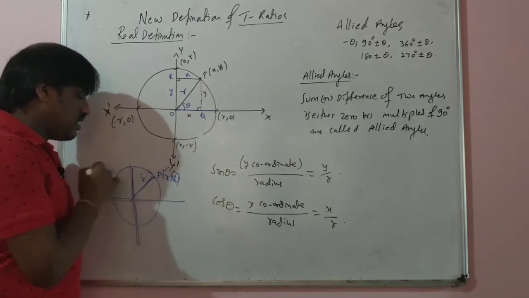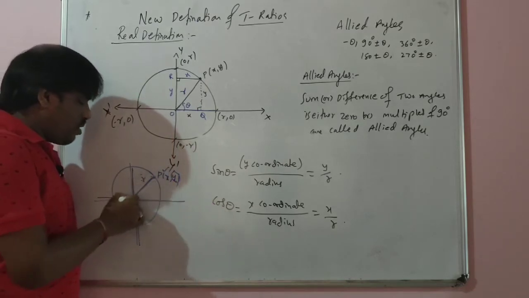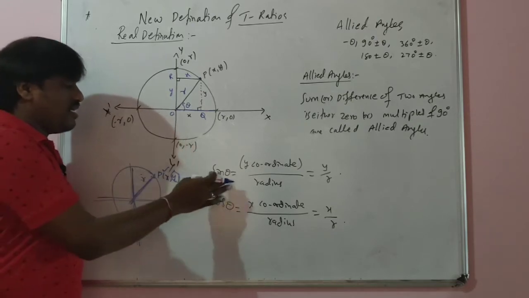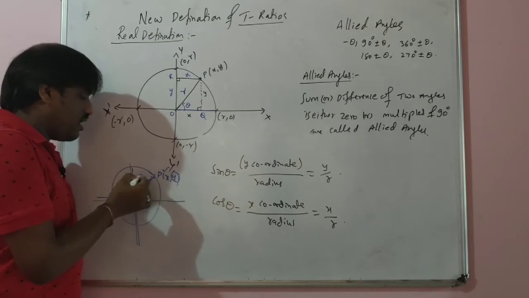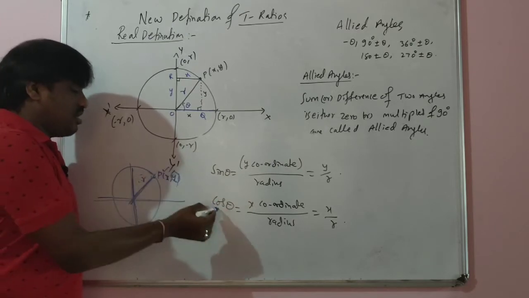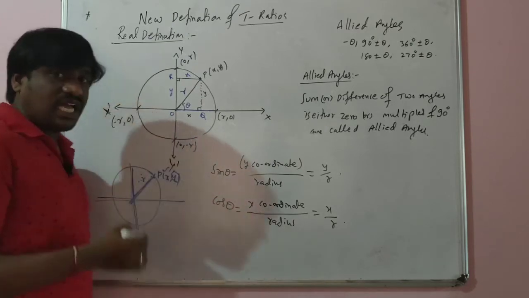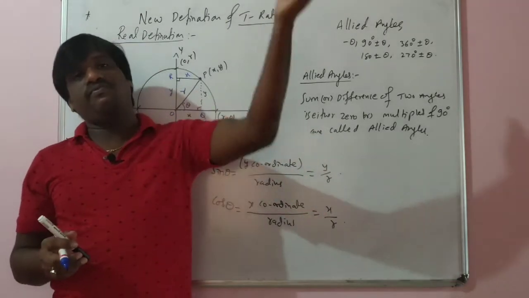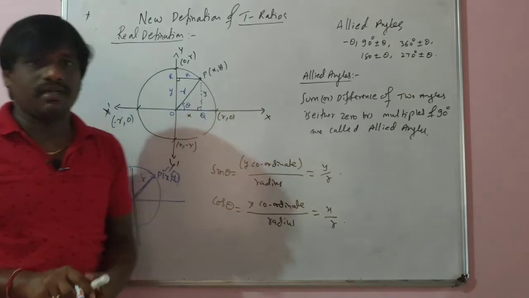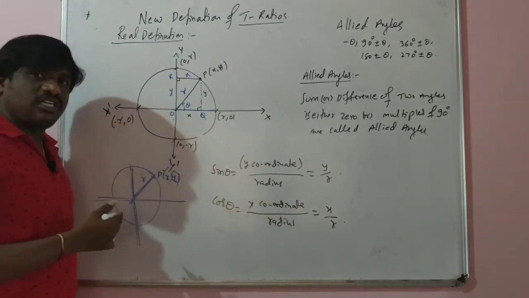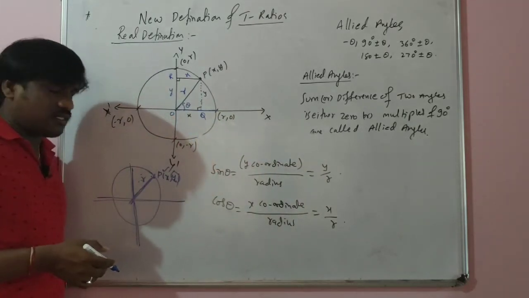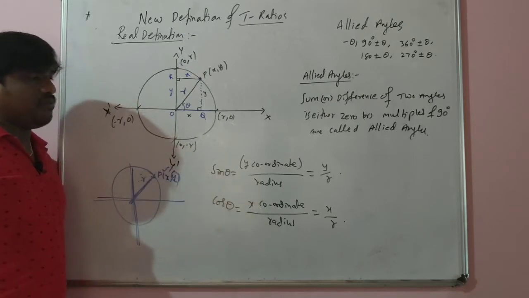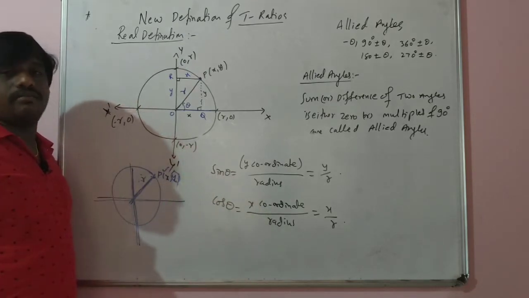If it is a unit circle, or according to the radius condition, sine theta is the y coordinate by radius and cos theta is the x coordinate by radius. I will use this definition in future in many proofs, so you have to remember it. I even used it in vectors, which I explained many times. So sine theta is the y coordinate by radius, cos theta is the x coordinate by radius.